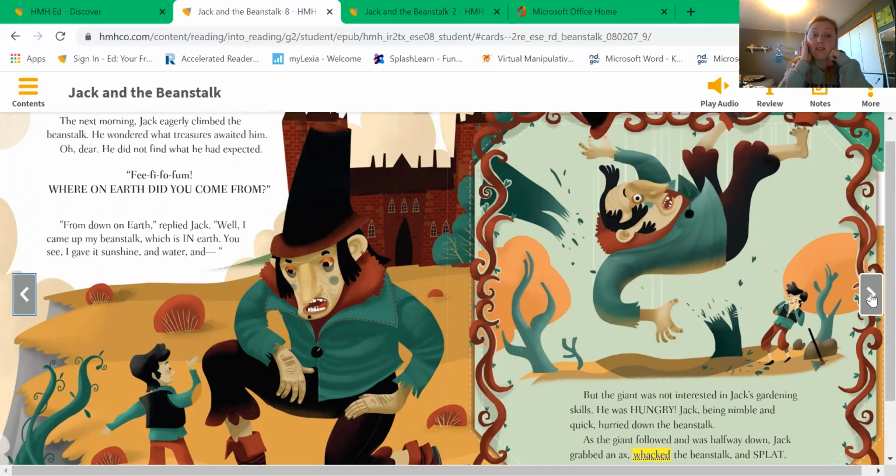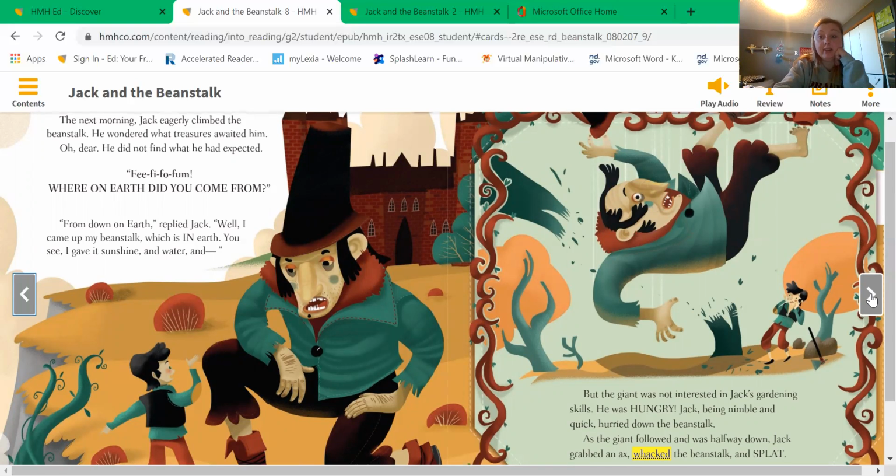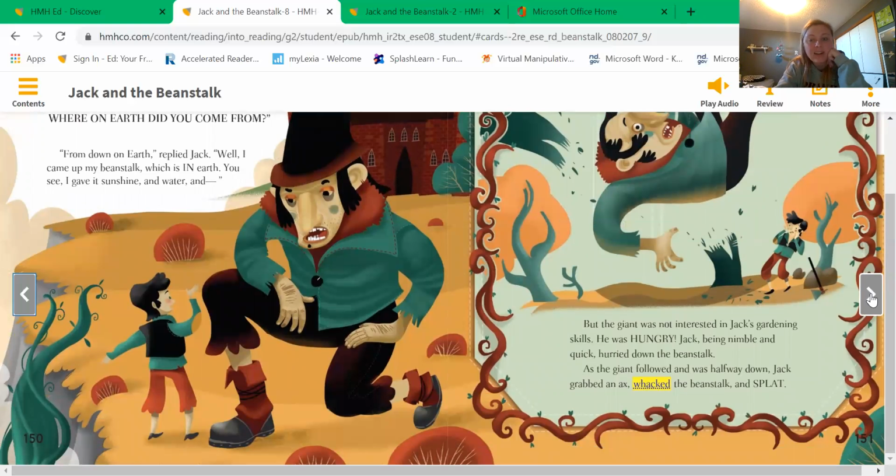You see, I gave it sunshine and water, but the giant was not interested in Jack's gardening skills. He was hungry. Jack, being nimble and quick, hurried down the beanstalk. As the giant followed and was halfway down, Jack grabbed an axe, whacked the beanstalk, and splat.